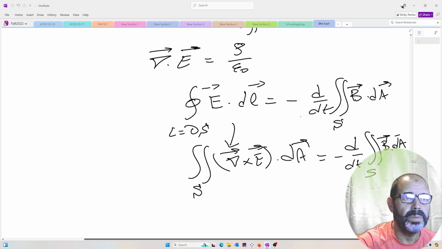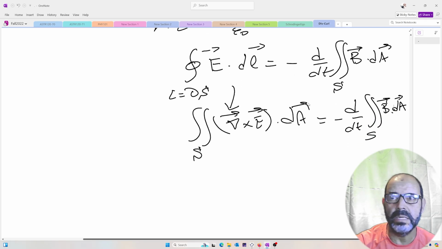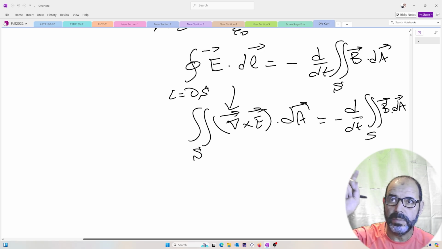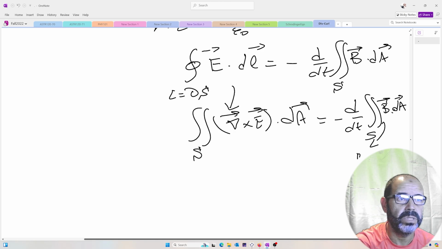This statement is true no matter what the surface S is, which means that the integrands are the same. The only thing to pay attention to, if you take the derivative inside the integral, is that the vector B depends. So the B in this case is the magnetic field, not our arbitrary vector V. So this is the magnetic field, and this is the electric field.